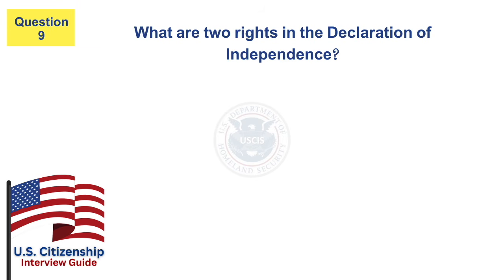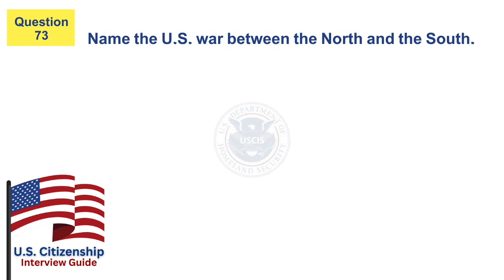What are 2 rights in the Declaration of Independence? Life, liberty. Name the U.S. war between the North and the South. The Civil War.